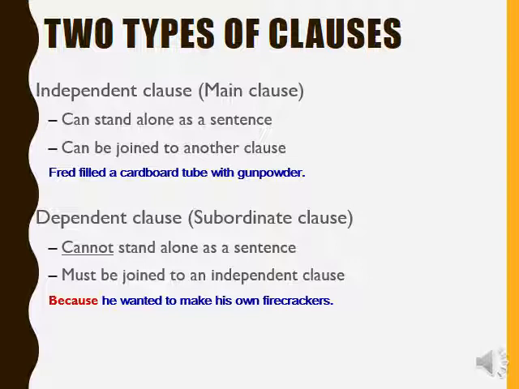As you can see here, "because he wanted to make his own firecrackers" is a dependent clause. It doesn't give us a complete thought or a complete idea. You can still find something missing, so the idea is not complete. That's why we say that it cannot stand alone as a sentence.